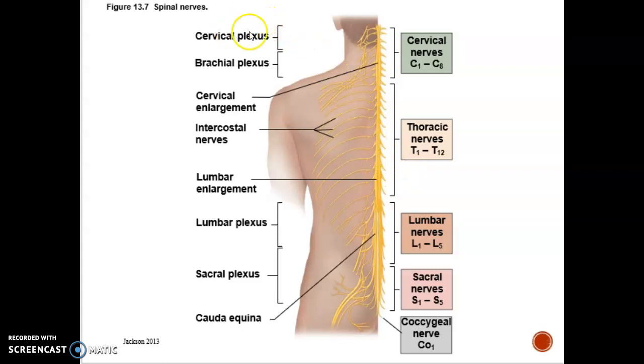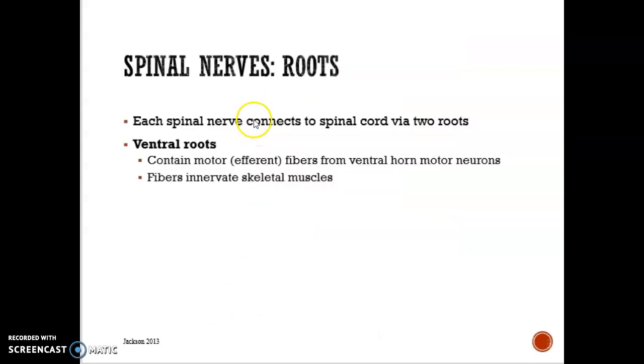And so what we're going to do is spend more time looking at these plexuses over here, because this will give us a general idea of where information is being sent to or getting information from, and it helps us to pinpoint where on this cervical nerves information is coming from. So here's a cervical plexus, the brachial plexus, there's a lumbar enlargement down to the plexus, and then a sacral plexus. Notice that we kind of skipped over this whole thoracic region. We'll talk about that a little bit later on.